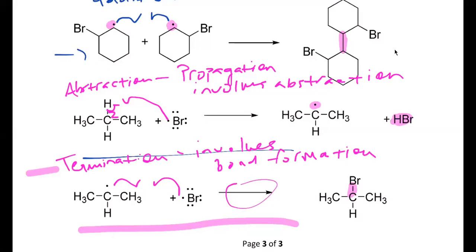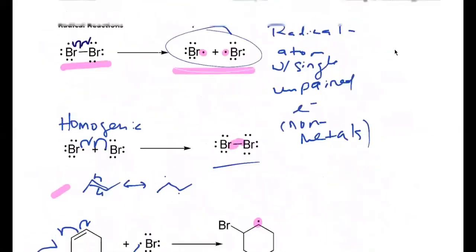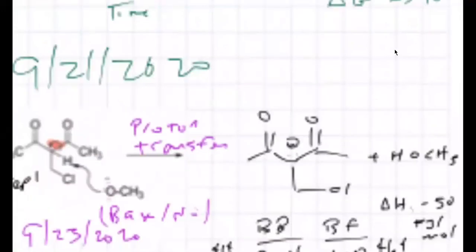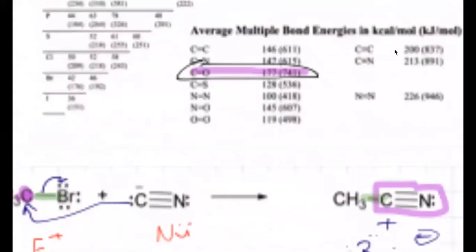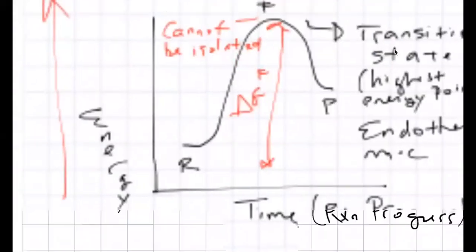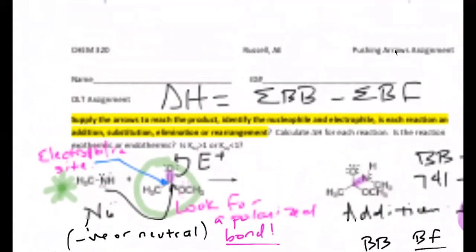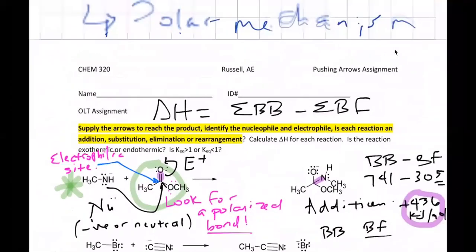Any questions so far? Let me go up here to this other part of this handout. I think there's some radical examples in there that we can mess with before we jump to this big example. The same rules apply as it relates to finding delta H and finding Keq.